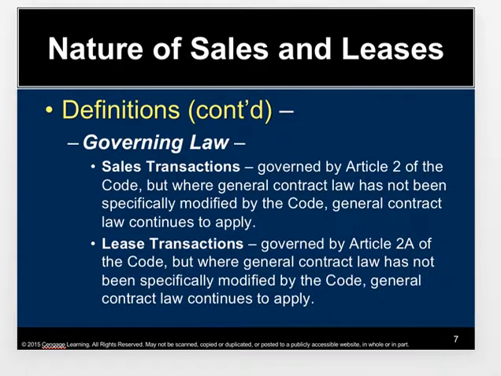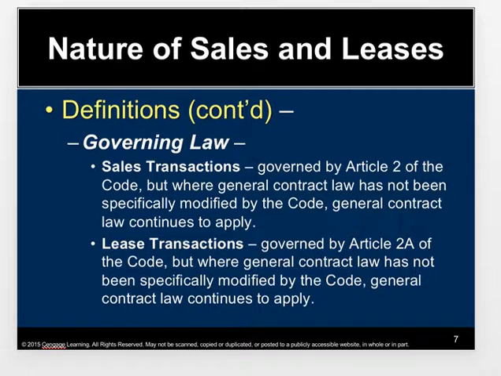So what's the law that applies to these transactions? Well, we have sales transactions and we have lease transactions. Sales transactions are governed by Article 2 of the Code, and again, so that's UCC Chapter 2. We've been talking about that all semester, which deals with goods. Obviously, the sale of goods or the exchange of goods is also going to be governed by Article 2 of the Code.